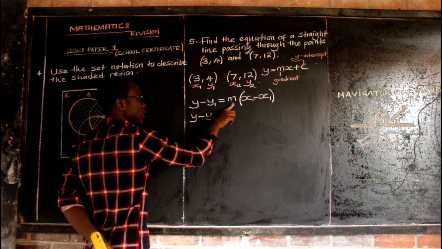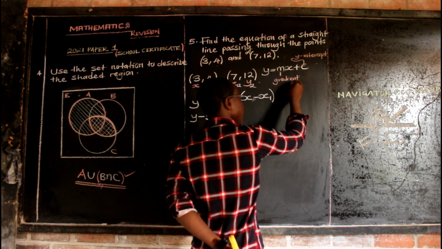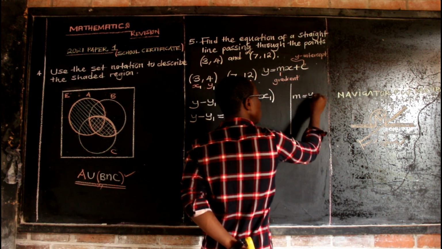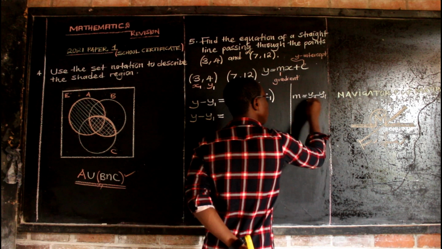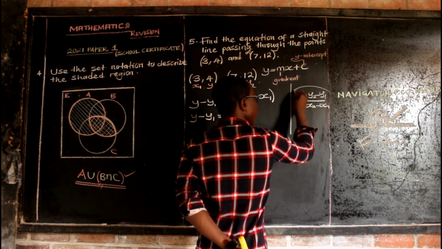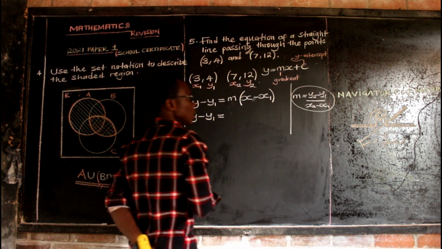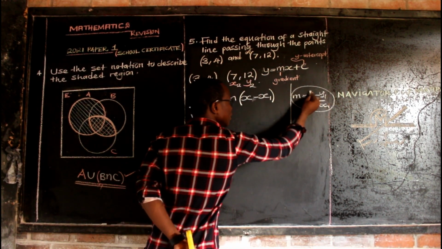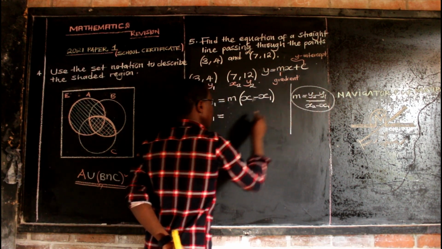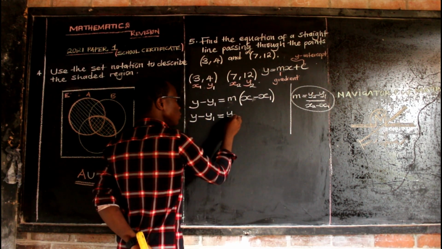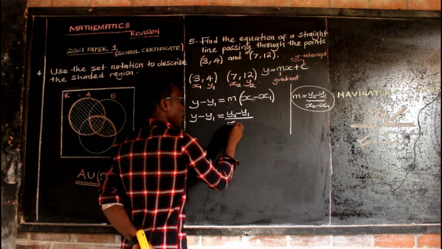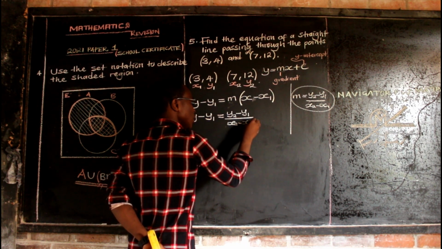How do you find the gradient? We know the gradient m is equal to y2 minus y1 over x2 minus x1. This is the way we find the gradient. So where there is m, we put this formula directly: y2 minus y1 over x2 minus x1.